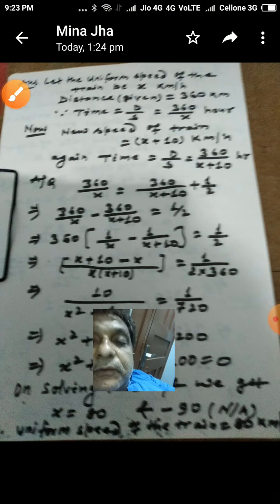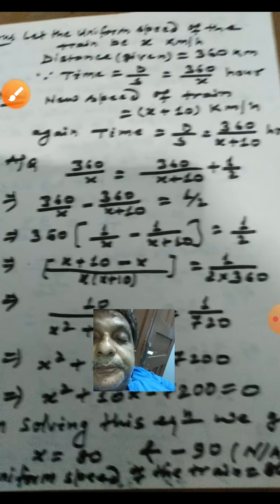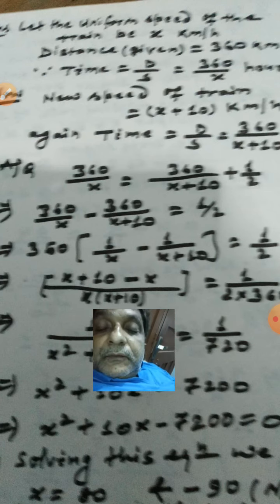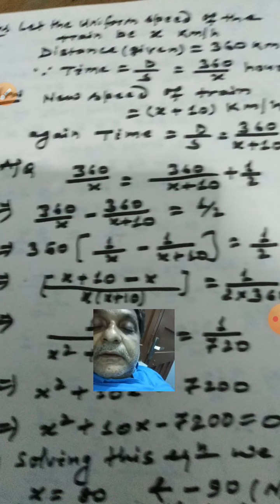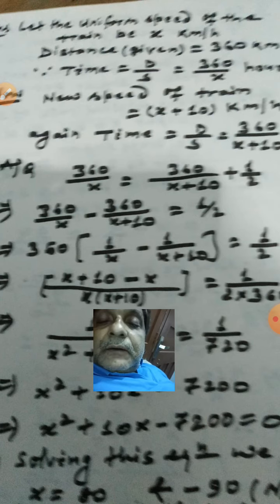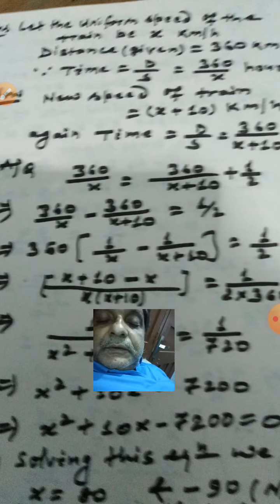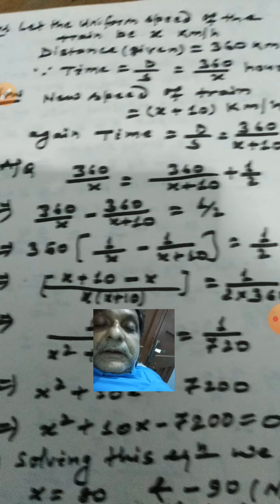I am reading the question: a train running with uniform speed covered a distance of 360 kilometers in a definite time, and when its speed is increased by 10 kilometers per hour, then it takes 1 hour less to cover the same distance.